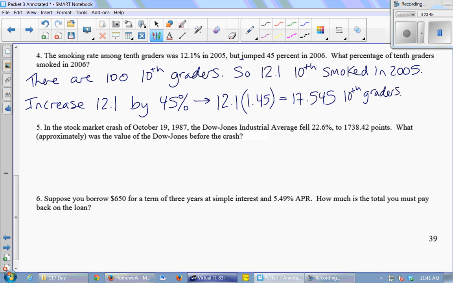So what percentage of 10th graders smoke now? 17.5-ish, right? Because there are 100 10th graders. 17.545 of them smoke. That is 17.545 out of 100, which is 17.545%.